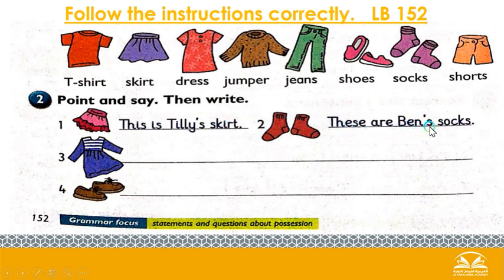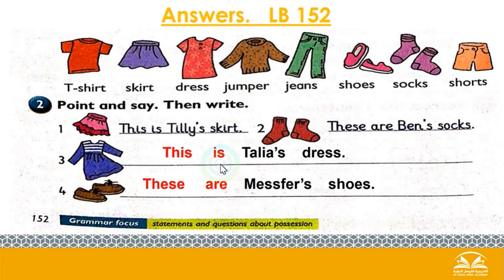Now, this is Tilly's skirt. These are Ben's socks. Now, look at this dress and the shoes. You're going to write any sentence of your choice. Okay? Anything you like. Alright, so me, I have written mine. You can decide to write anybody that you like, as long as this is, these are, the singular and the plural are correct.